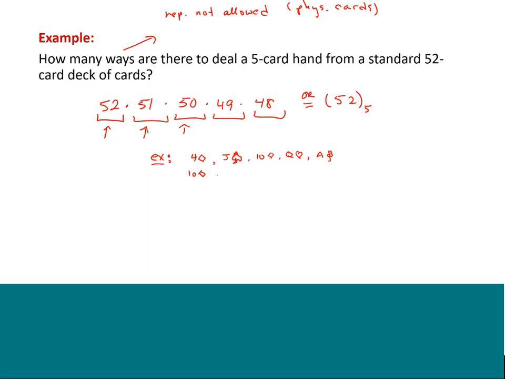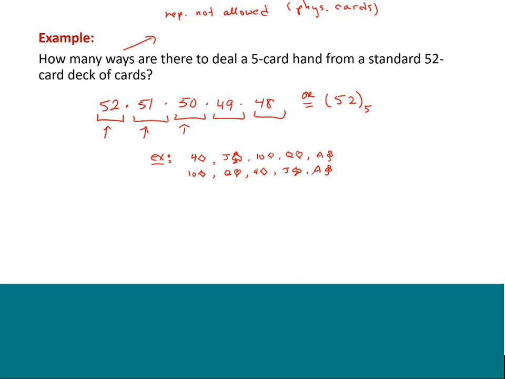Where this different hand would be what happens if you have the 10 of diamonds first, Queen of hearts second, 4 of diamonds third, Jack of spades fourth, and Ace of clubs last.